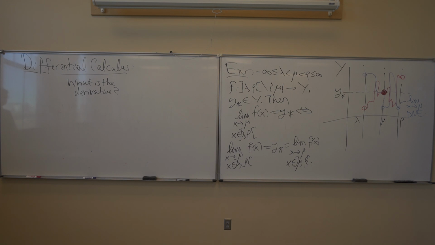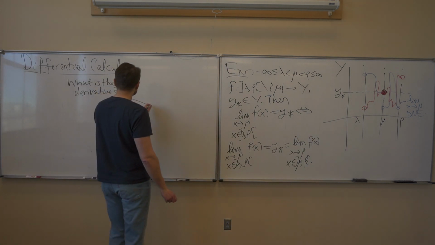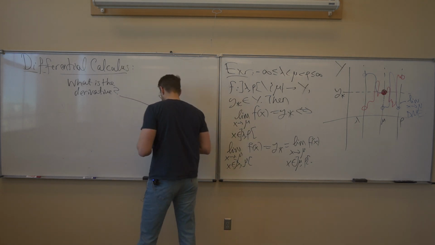You've seen a bunch of different derivatives. Partial derivatives, I don't know, Jacobian. But what is it? How would you, what is the first approximation to the notion of a derivative? Slope, okay? That's one. Slope.